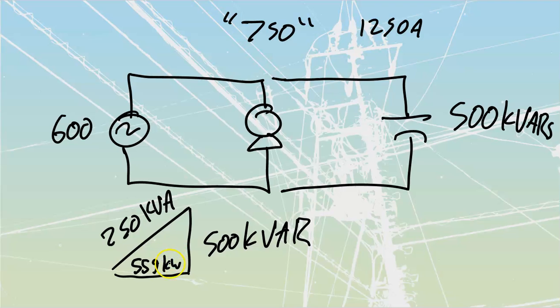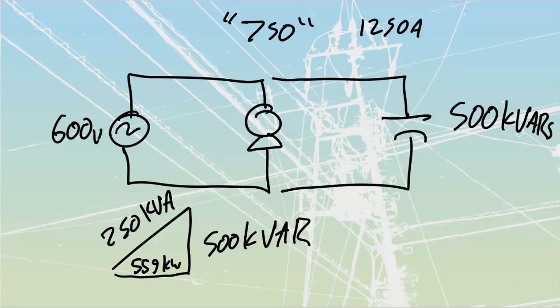What do I know after power factor correction? I know that all of my source is only supplying kilowatts, and that the charged up cap is supplying the rest, the kVARs. So my new line current is simply going to be that 559 kilowatts divided by my 600 volts.